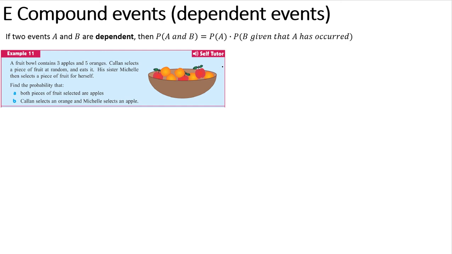So we have in total 3 apples and 5 oranges. That makes 8 pieces of fruit.